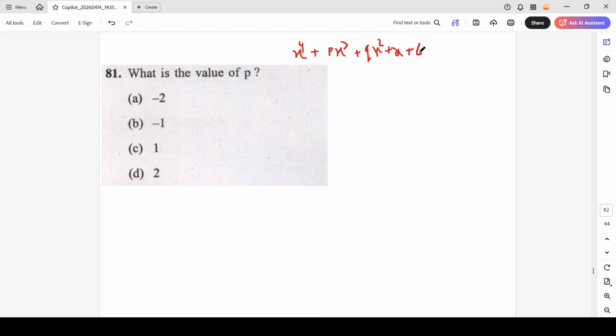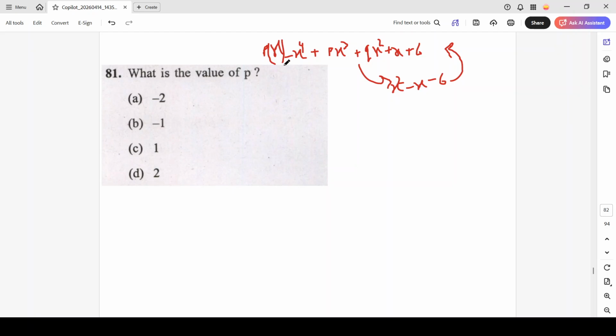And this expression is divisible by x square minus x minus 6.